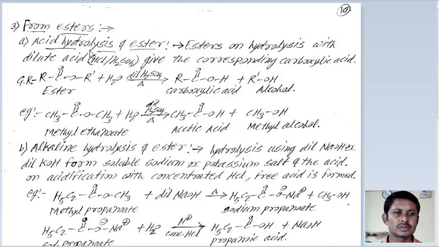Today we are discussing the remaining part, that is the preparation of carboxylic acids. The next method is the preparation of carboxylic acid from esters. How are carboxylic acids formed from esters?